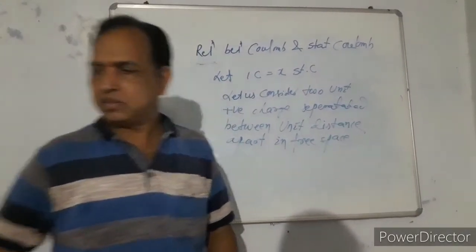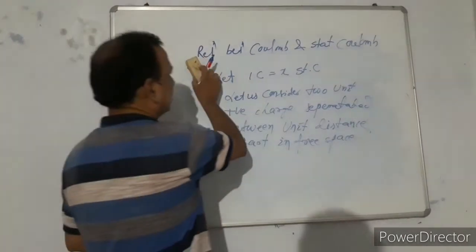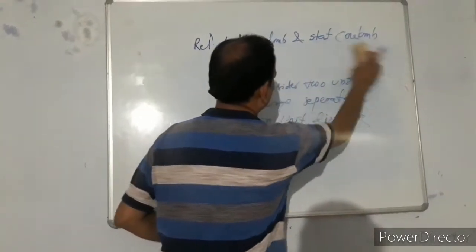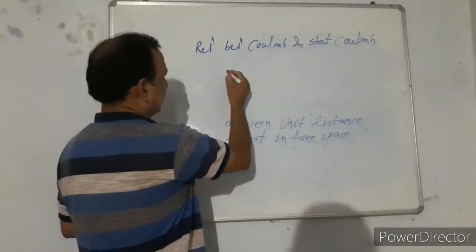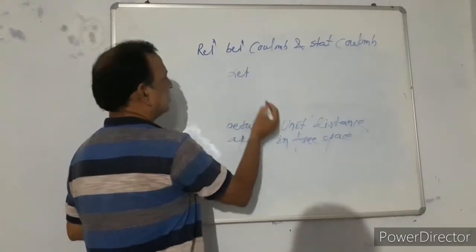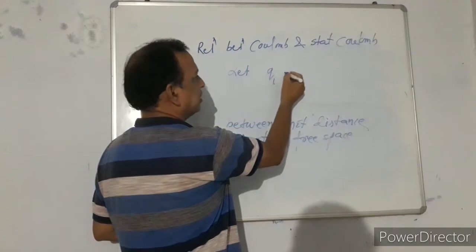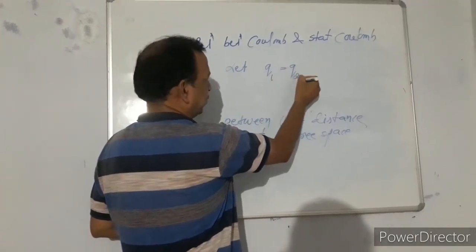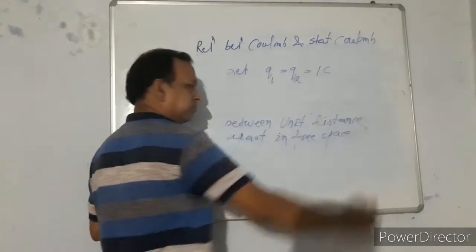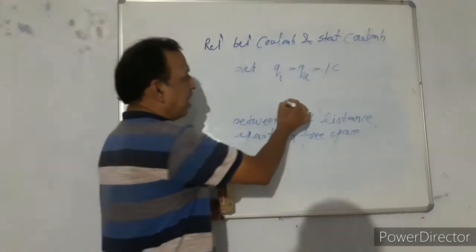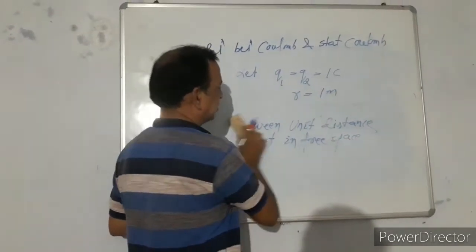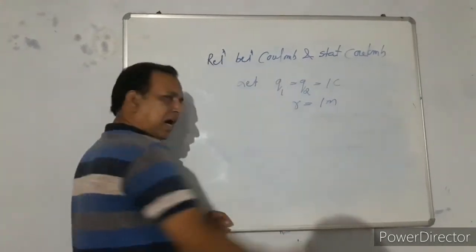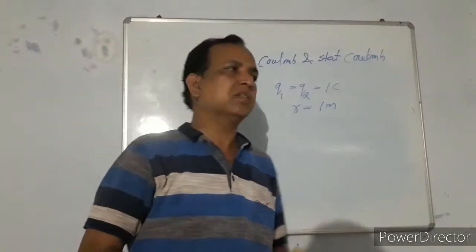That means let Q1 is equal to Q2 is equal to 1 Coulomb, and R is equal to 1 meter.